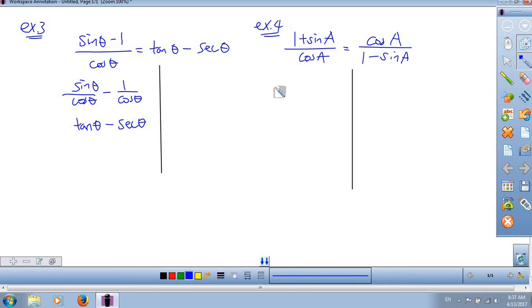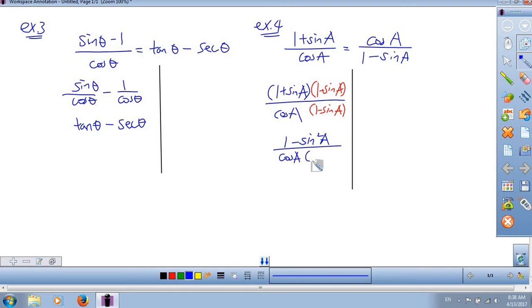And so the key here is you recognize 1 plus sine a. If I go ahead and multiply by 1 minus sine a, that will give me 1 minus sine squared a. That is going to be a very important key, that you recognize those are factors that can turn in our favor, because 1 plus sine a times 1 minus sine a gives us 1 minus sine squared a, and 1 minus sine squared a is cosine squared a, which we're going to write in the next step.